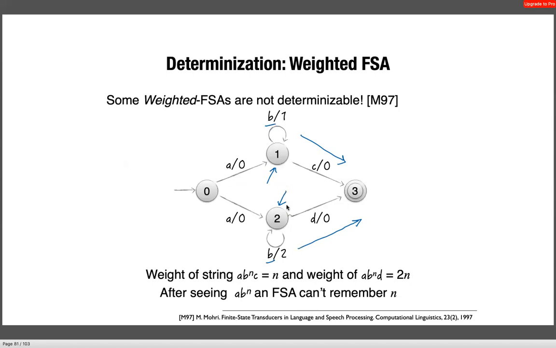And this violates the twins property. So if there is a violation of the twins property, then you can straight away say that this is a weighted finite state machine which is not determinizable.